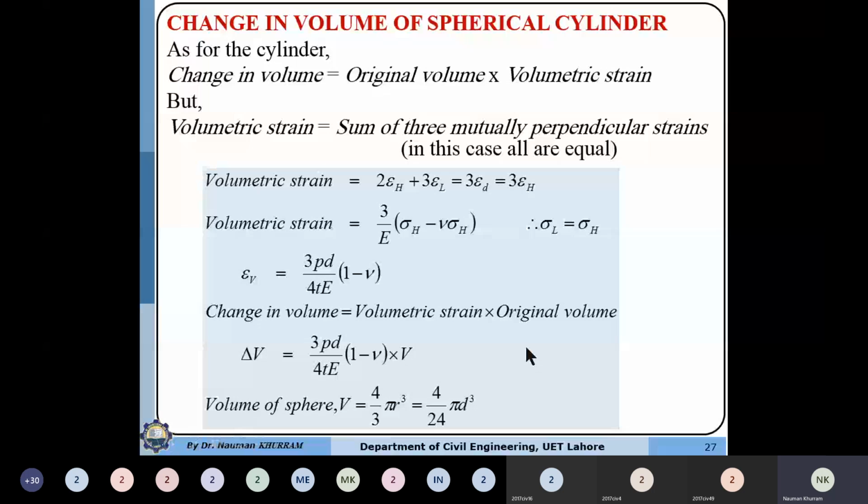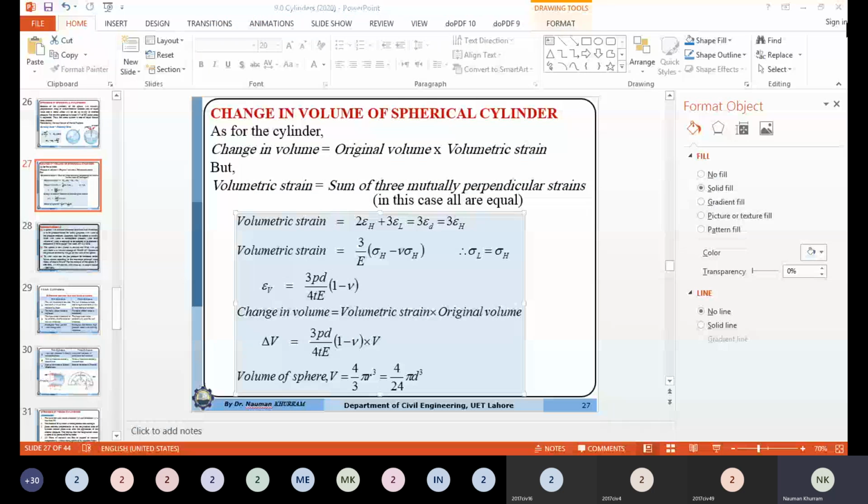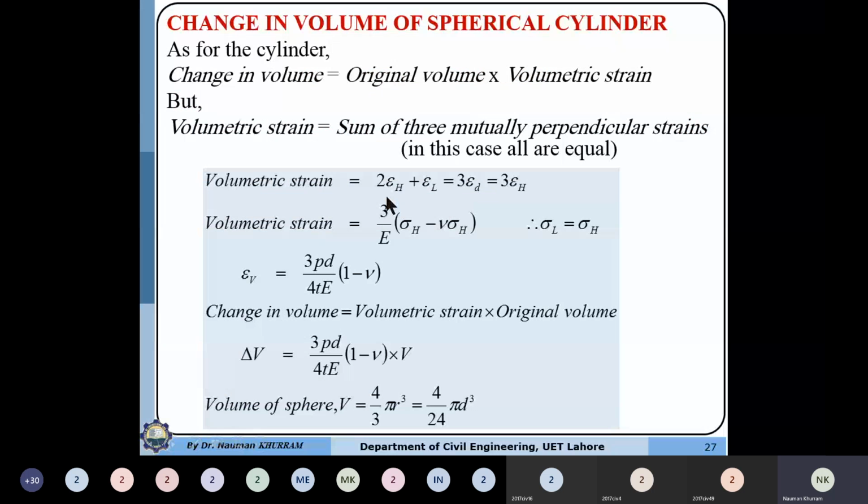Plus 1 time the longitudinal strain. We have already derived this. Hoop strain is equal to diametric strain, because hoop stress and longitudinal stress are the same.